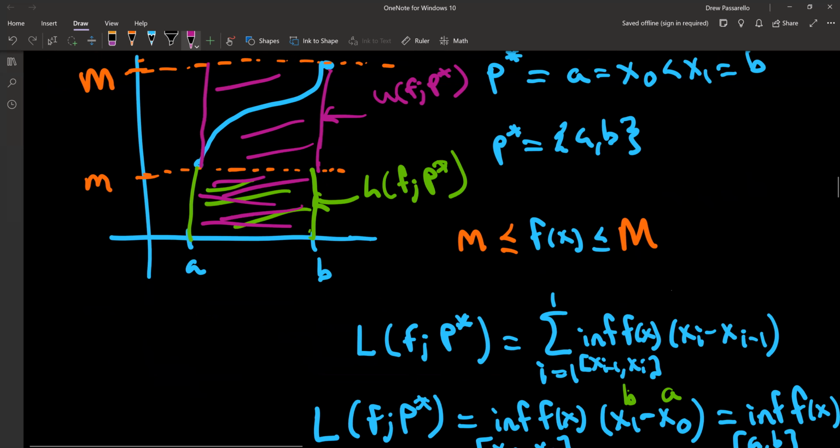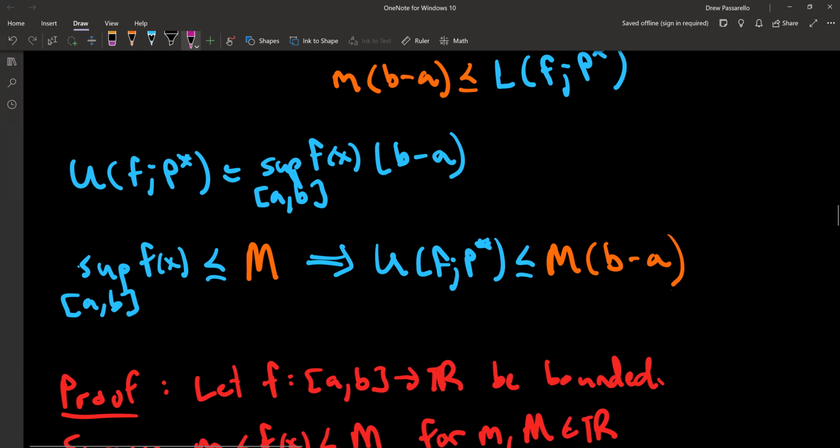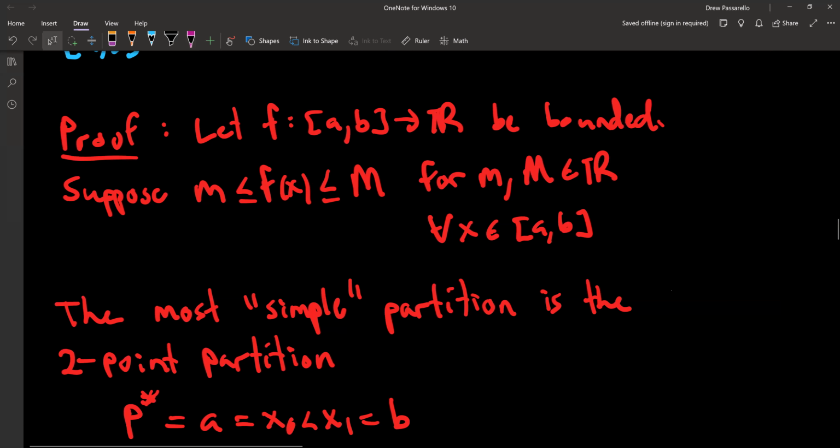Okay, so now the actual proof. So let f be bounded. Suppose little m is less than or equal to f of x, which is less than or equal to capital M, for little m and capital M real numbers, and this is true for all x in [a, b]. So the most simple partition is the 2-point partition, consisting of the endpoints a and b.